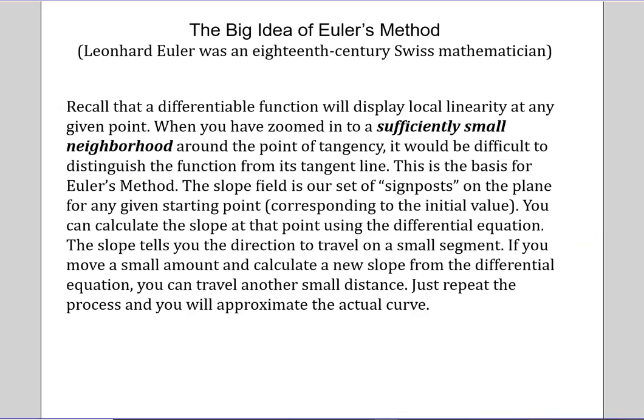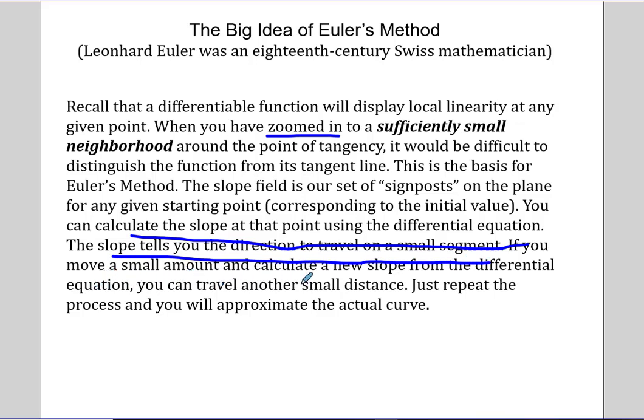So the big idea of Euler's method is that we're going to use local linearity, and we're going to be zoomed in on a sufficiently small neighborhood around that point of tangency so that we can use that small neighborhood to calculate the slope at the point using the differential equation. And the slope's going to tell us the direction to travel on some small segment, which is going to be our delta x.